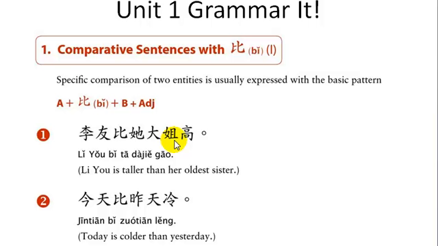So that's going to take some getting used to, because this structure is completely different than the way we compare things in English. And I found when I came across constructions like this in Chinese, I just repeat them over and over again or switch things out. I mean, you've learned how to say things. Just go into the first textbook from Chinese 1 and Chinese 2. So that's Integrated Chinese Level 1 Part 1.